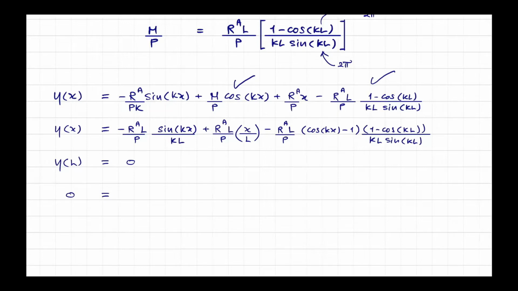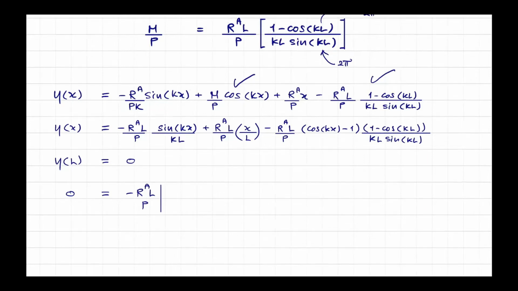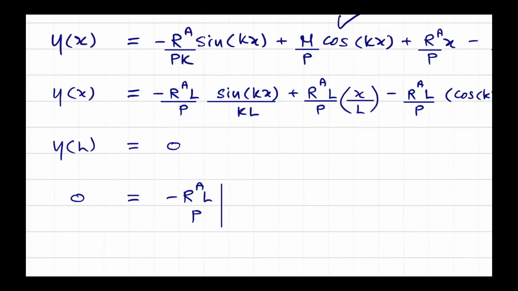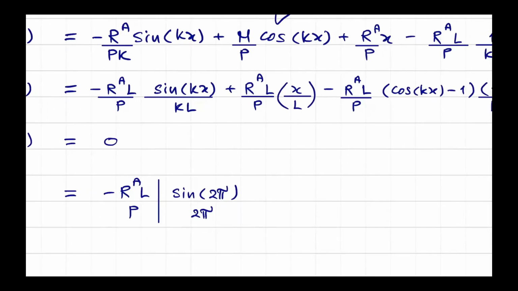So 0 is equal to minus RAL over P. Start with sine kl, which is 2 pi, divided by 2 pi, right?